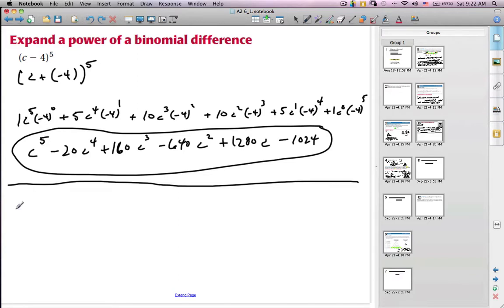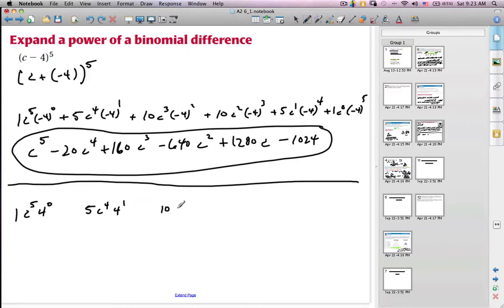So I know my coefficient was 1, I know that I have c to the fifth, and I know that I have 4 to the 0 power. Right? And I'm going to go to the next term, and I know I have 5, and I'm going to have c to the fourth, and 4 to the first. You notice I'm ignoring that 4 is negative.